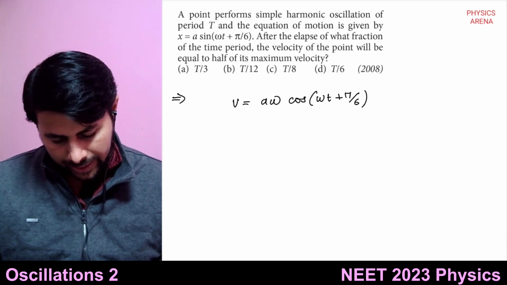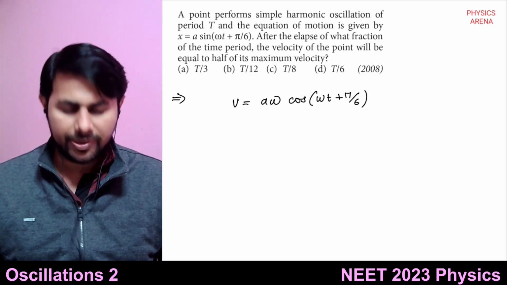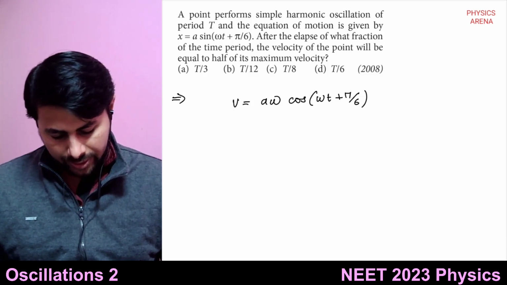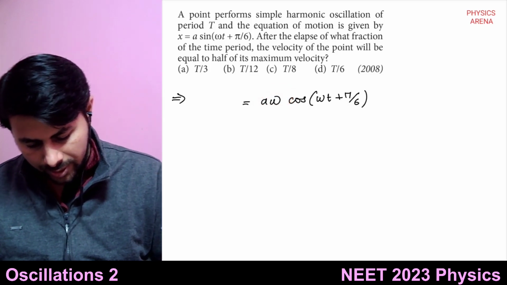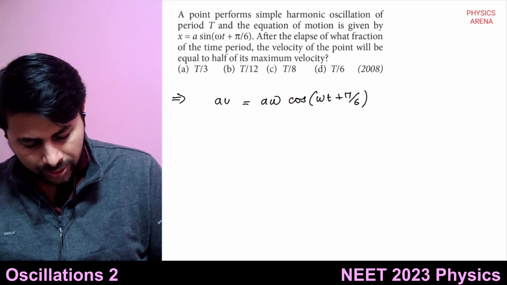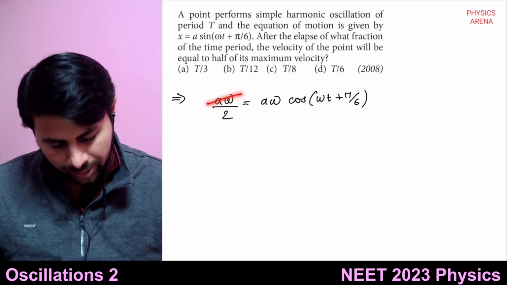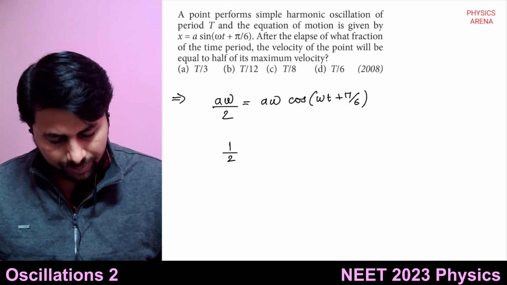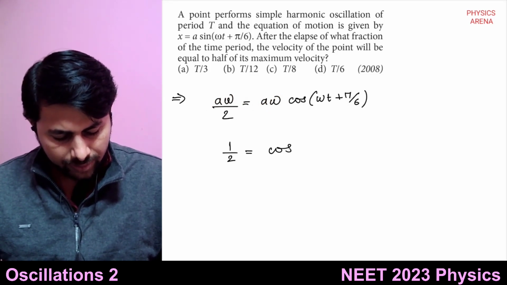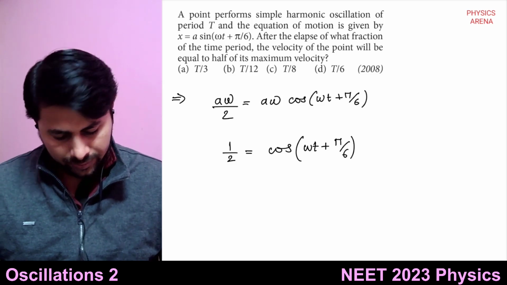Okay, and we want the time at which the velocity becomes half of the maximum value. So maximum value is a omega, so velocity is half of that. So a omega and a omega get cancelled, so we get half equals cos of omega t plus pi by 6.